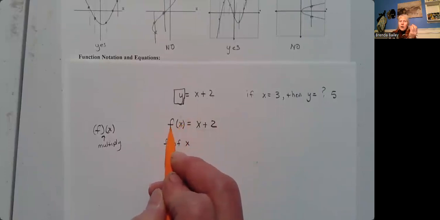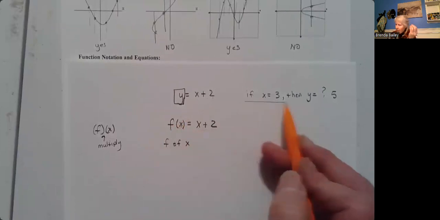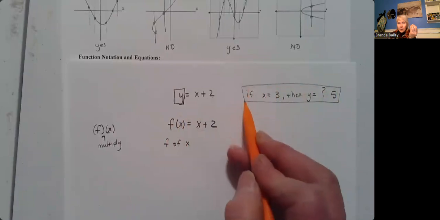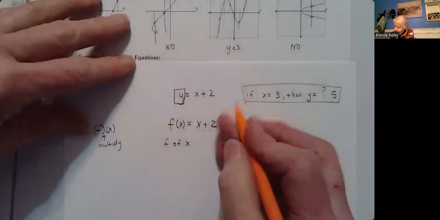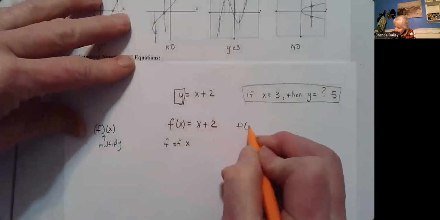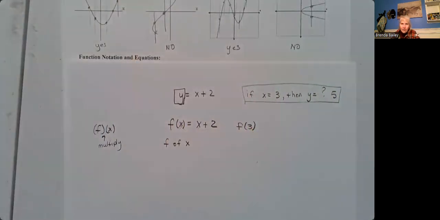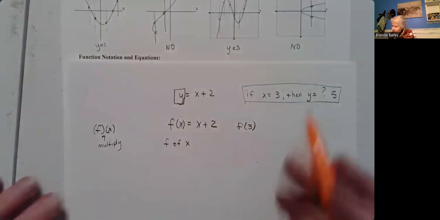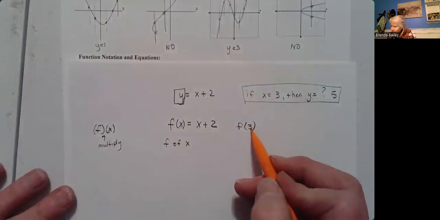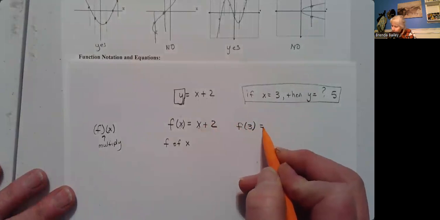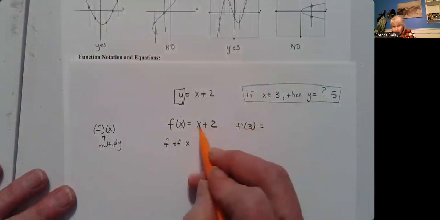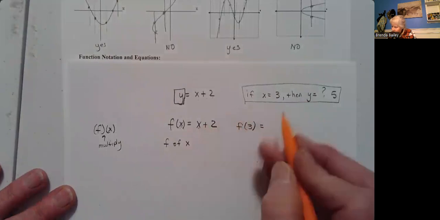All right. So knowing that, how can we clean up this question right here? I can ask this question given this notation like this, f of 3. This means to put 3 into the x and see what you get. So if I put 3 in for the x, I get 5.